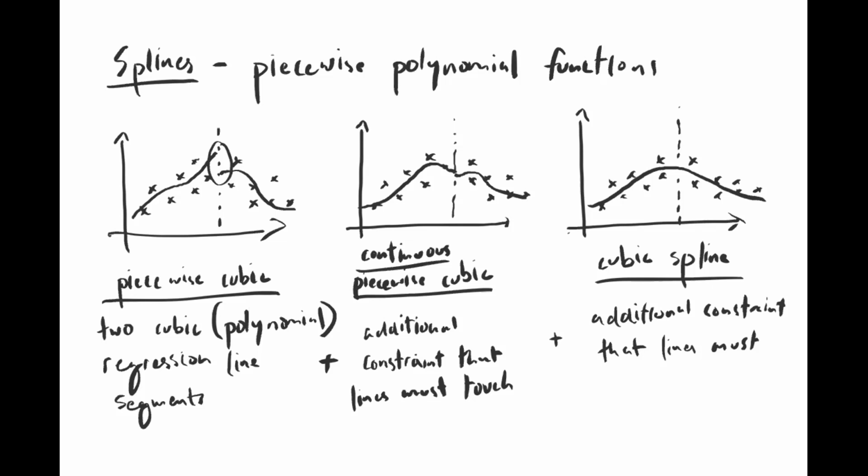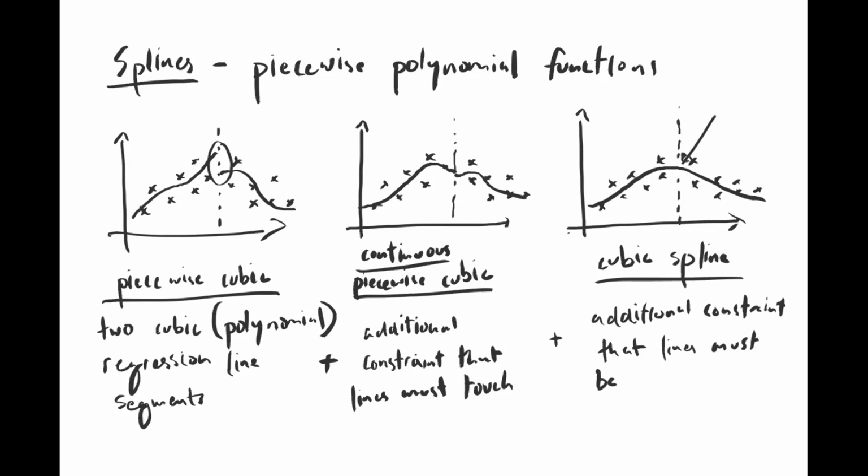Because once you start doing this sort of thing, you don't need to get to really high orders of polynomials to get really nice fits for any sort of set of data.